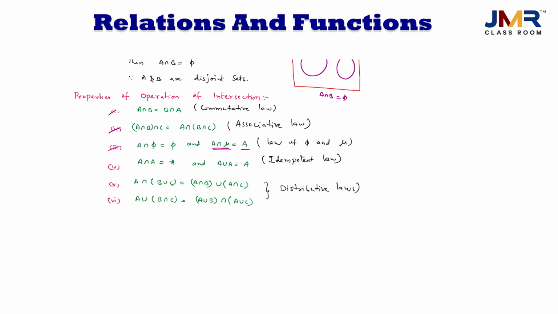A intersection A means all the elements are common in both, so A intersection A is A and A union A is A. It is called the idempotent law. And distributive laws, you know these laws. A intersection (B union C) equals (A intersection B) union (A intersection C). Similarly, A union (B intersection C) equals (A union B) intersection (A union C).